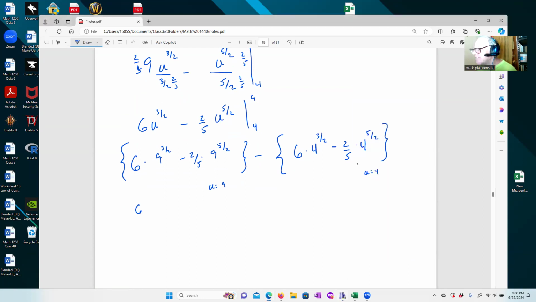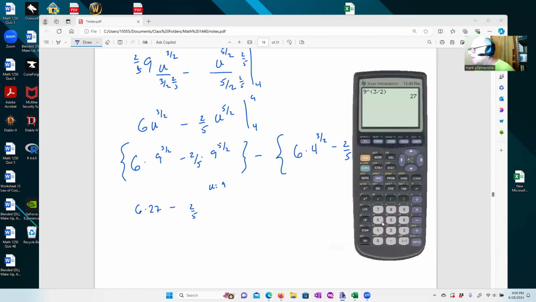So we have 6 times 27 minus 2/5 times 9 raised to 5 halves, which is 2.5. Again, the square root of 9 is 3, and 3 to the 5th, I have no idea if it's 243 or something. The calculator is going to do the heavy lifting for us. Look at that, 243.